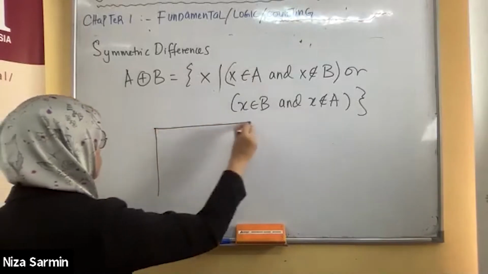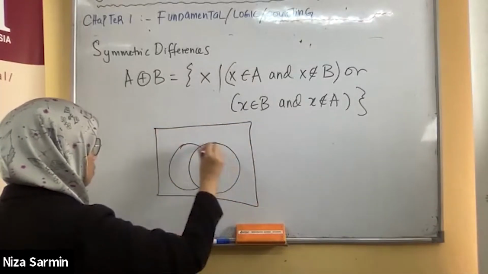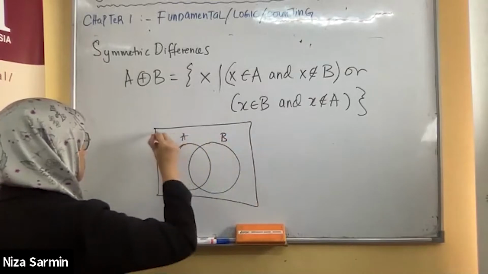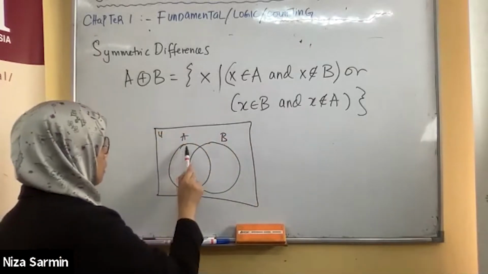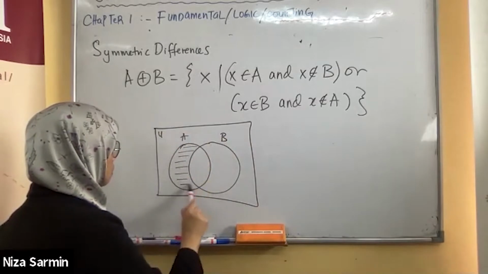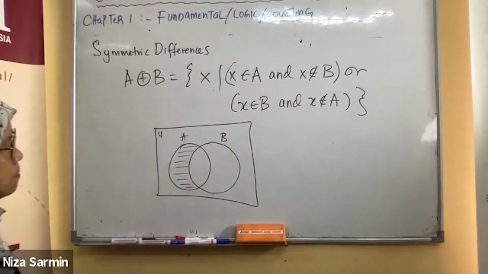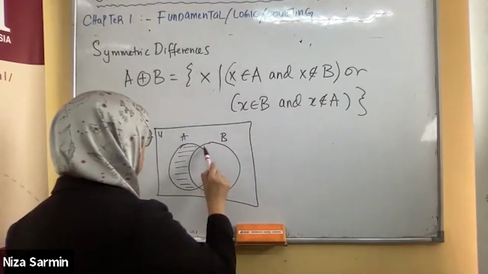Right. So you have X in A, not in B. X in A, not in B is this. X in B, not in A is this.